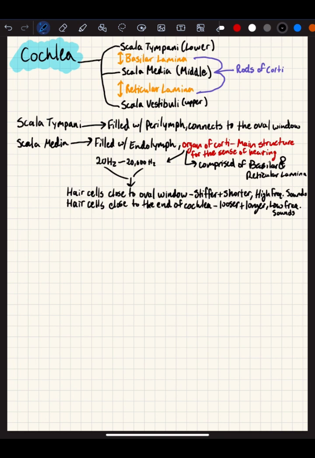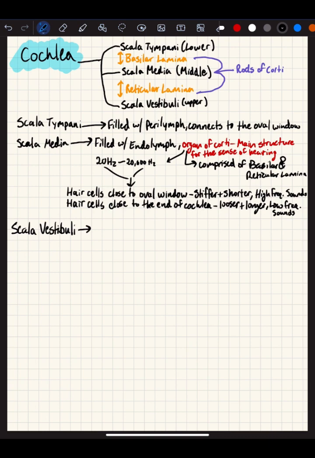And now moving on to the scala vestibuli, the uppermost layer of the cochlea. It's pretty simple. It's very similar to the scala tympani. These both house the scala media.